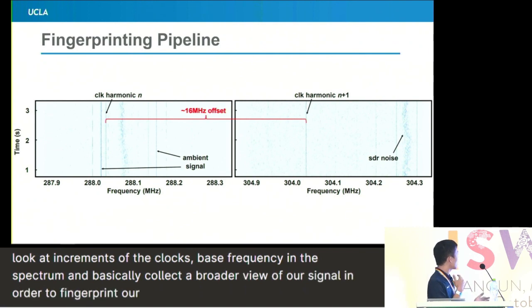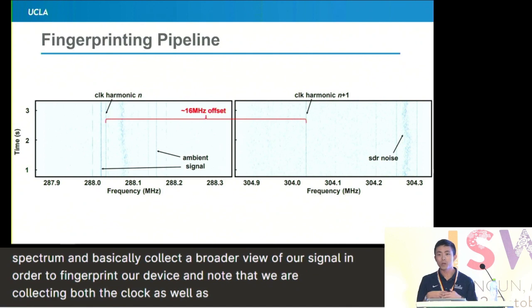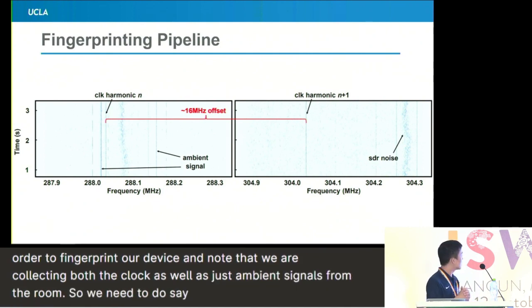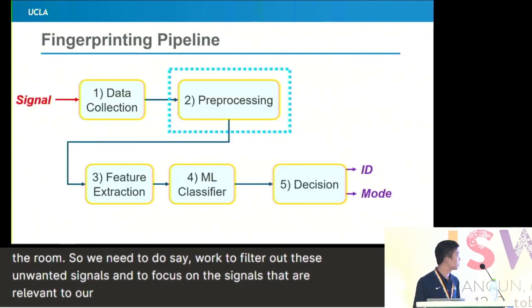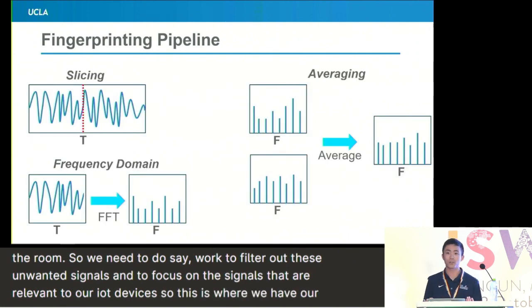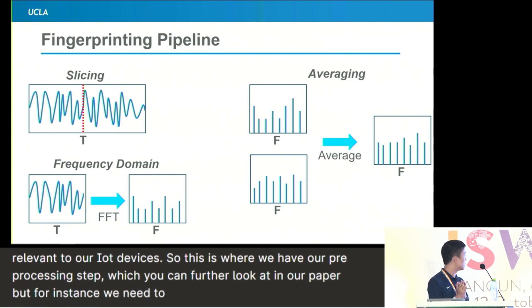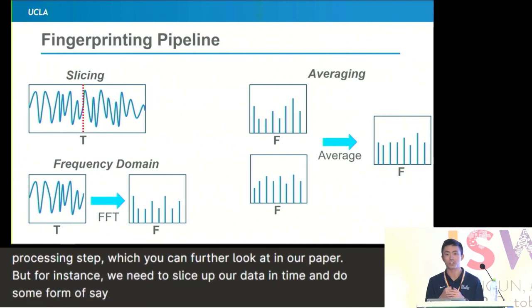Note that we are collecting both the clock as well as ambient signals from the room. So we need to do further work to filter out these unwanted signals and to focus on the signals that are relevant to our IoT devices. This is where we have our pre-processing step, which you can further look at in our paper. But for instance, we need to slice up our data in time and do some form of transformations and averaging in order to boost our signal and reduce the noise.